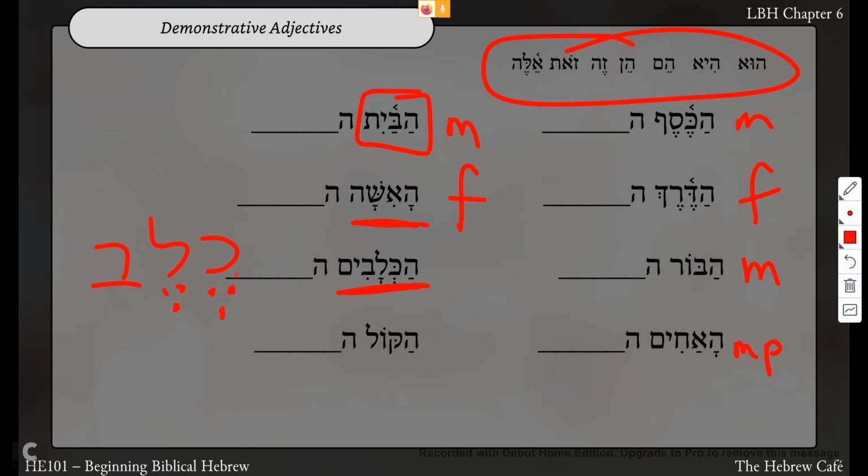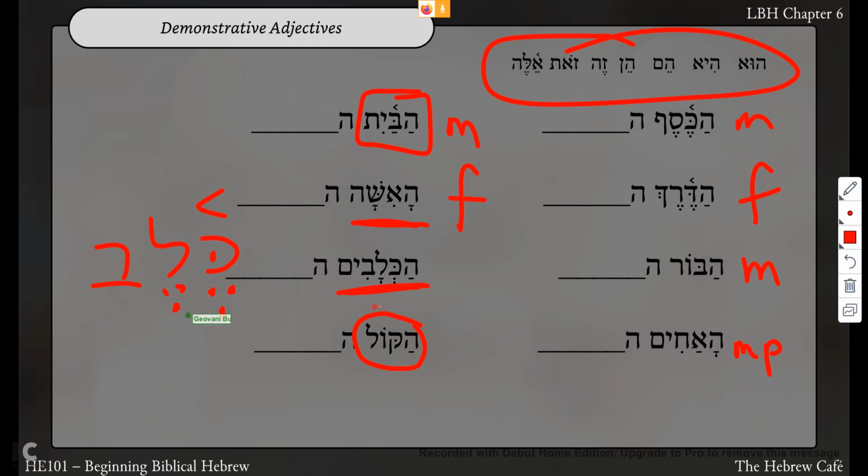I don't think it was part of our vocabulary, but I've used it in a lot of examples. So kelev is dog and klavim are dogs. Obviously it's masculine because feminine would be klavot, with ot. You've got male dogs, klavim, and female dogs, klavot. So this is masculine plural. And kol means voice or sound.